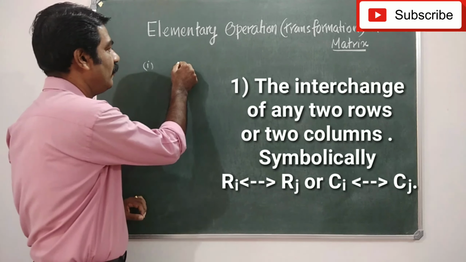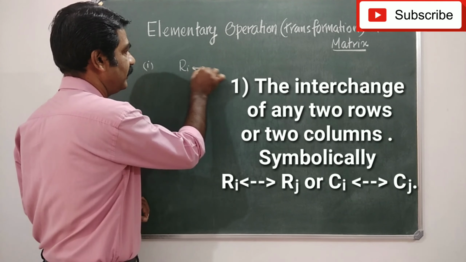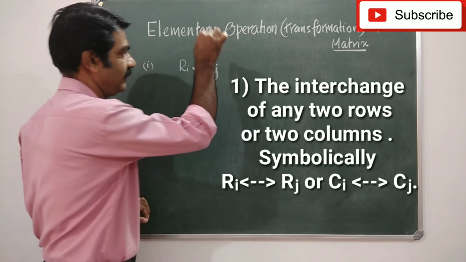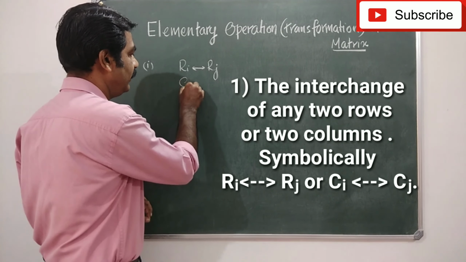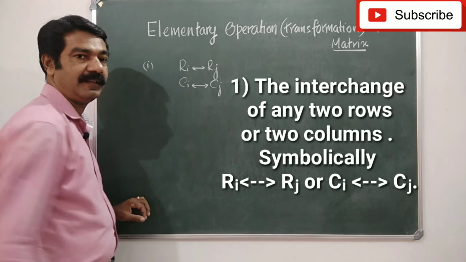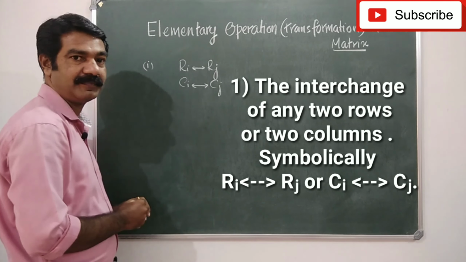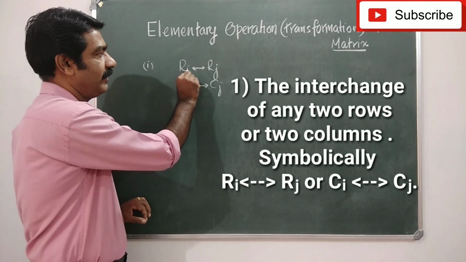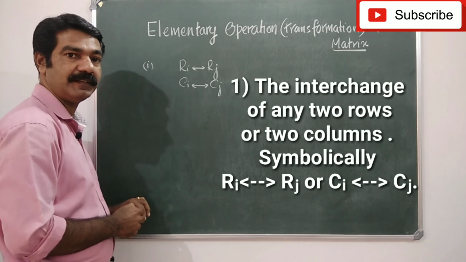Symbolically we can write Ri interchange Rj, or Ci interchange Cj. What is the meaning? We are interchanging Ri and Rj. Example, we are interchanging R1 and R2, or we are interchanging Ci and Cj.